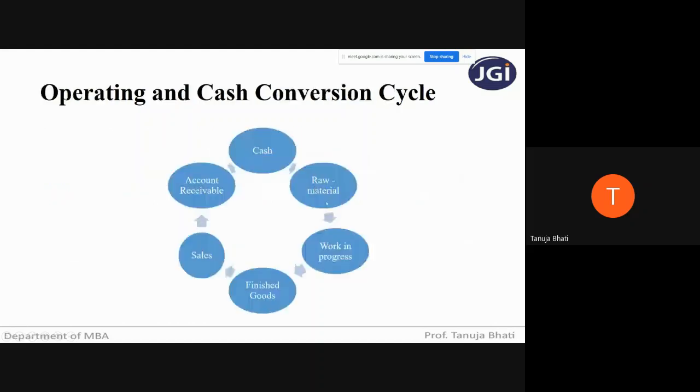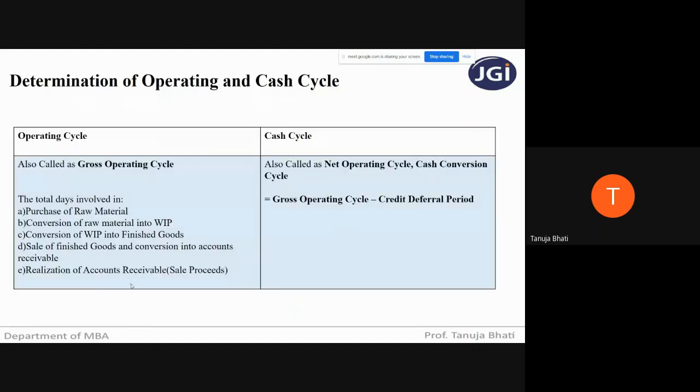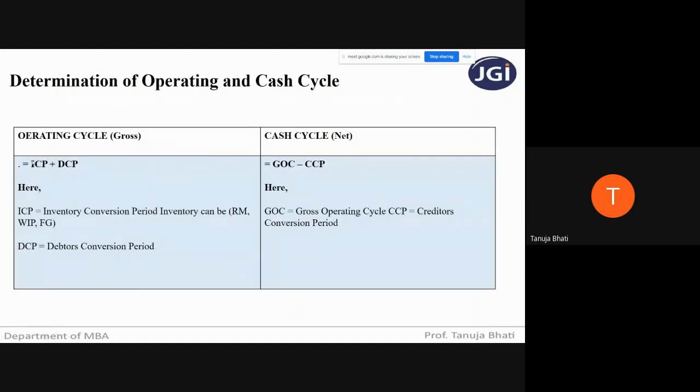So it is ICP plus DCP, where ICP stands for inventory conversion period. Conversion means the time period required to convert the raw material into finished goods. And DCP is debtors conversion period. Obviously, debtors will come into picture when the sales are made. Correct? Now, debtors conversion period means the time period required for debtors to make payment of cash. So this is how the formula is.